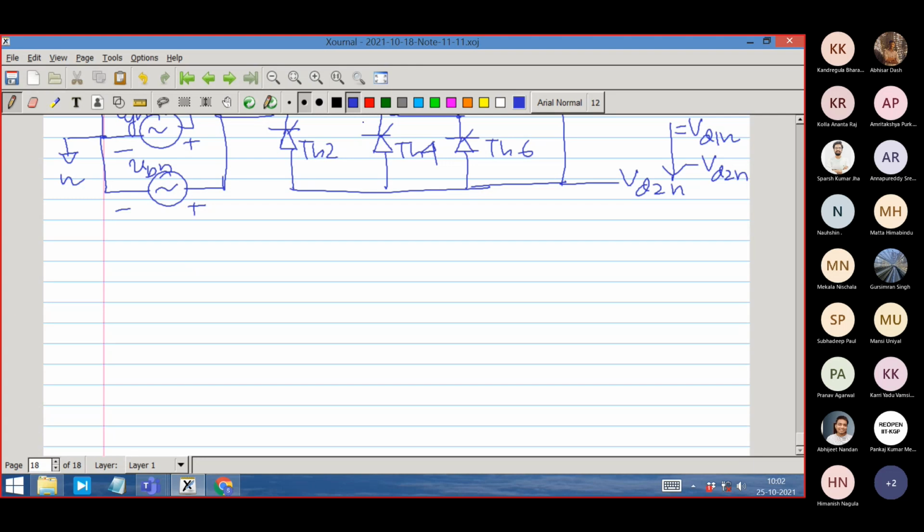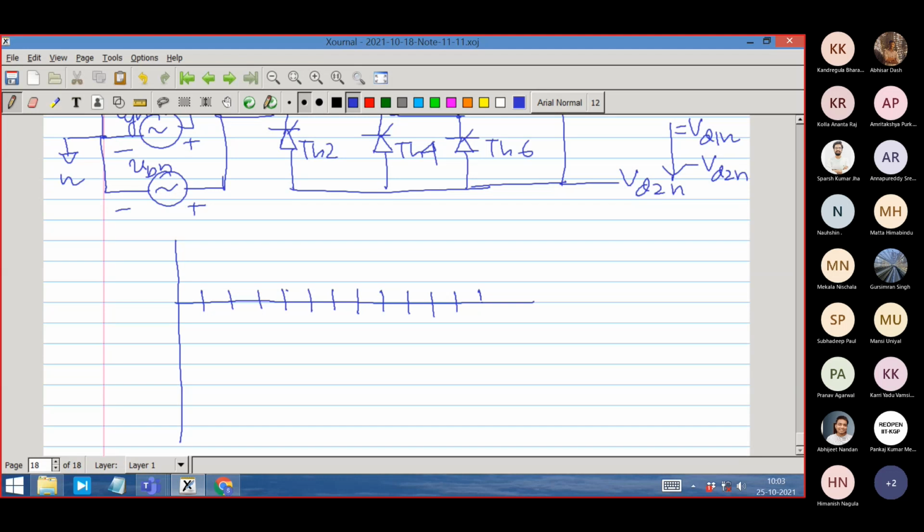How do we do it? So first we have to sketch the AC waveform. So AC waveform, we break it into roughly 30 degree gaps. 1, 2, 3, 4, 5, 6, 7, 8, 9, 10, 11, 12.